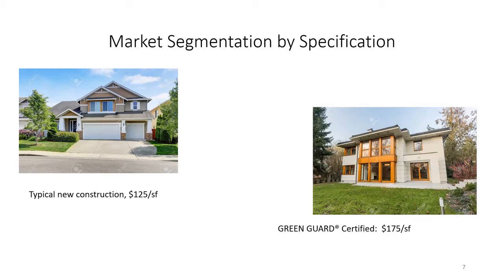In fact, in the residential construction segment, there is a certification process called the Green Guard certification process, which a builder can certify his house to if it contains a certain amount of environmentally friendly materials. The construction cost of that kind of construction is higher. In this case, it's $175 per square foot, and the price of that house is going to be higher than the ordinary house. But for people who have a requirement for that type of construction and certification, they're willing to pay the price to get what they want.